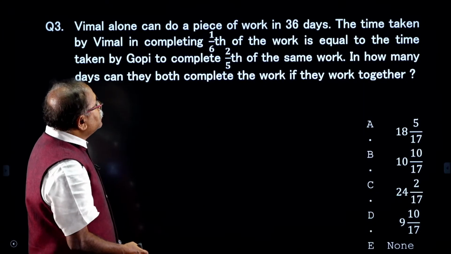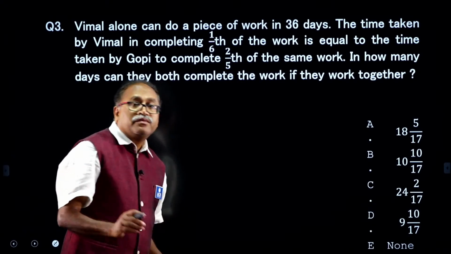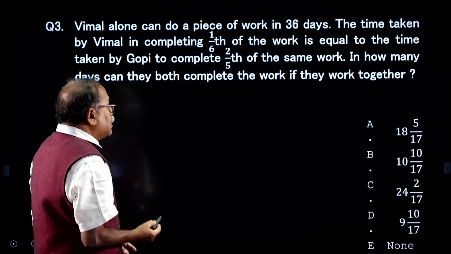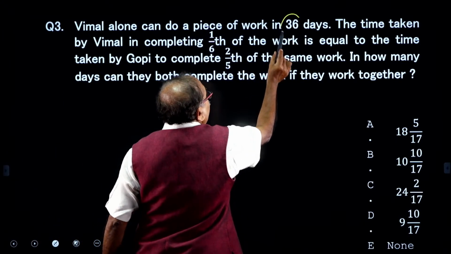Okay, the next question on your board is this. It is about time and work. Fine. Let us check: Vimal alone can do a piece of work in 36 days.